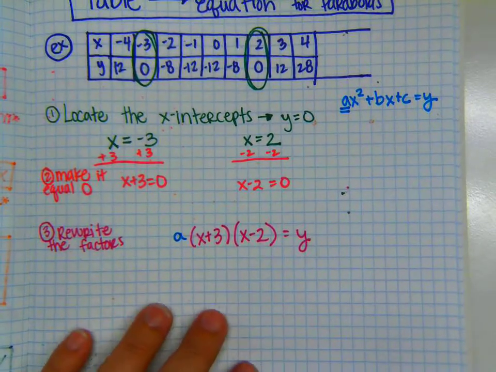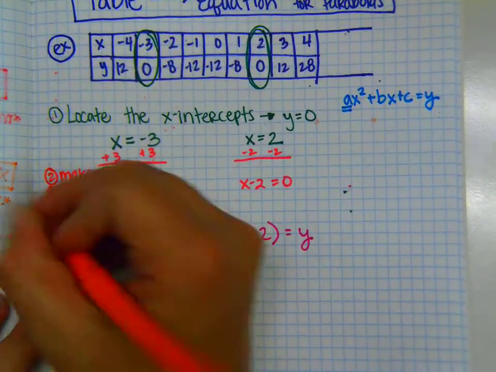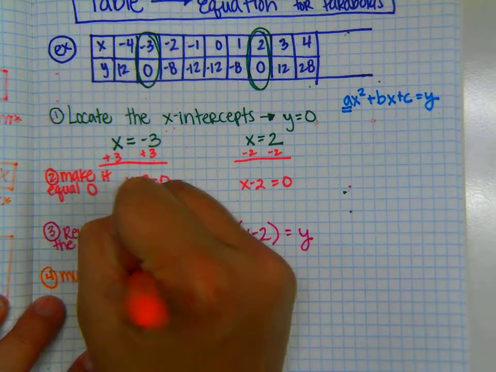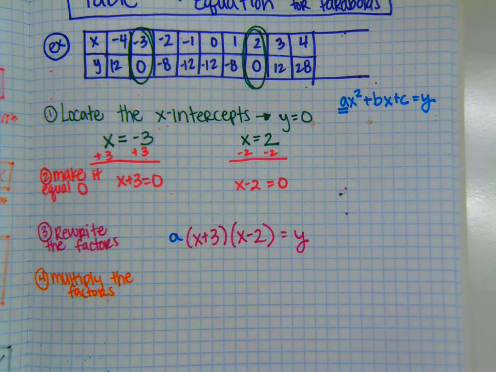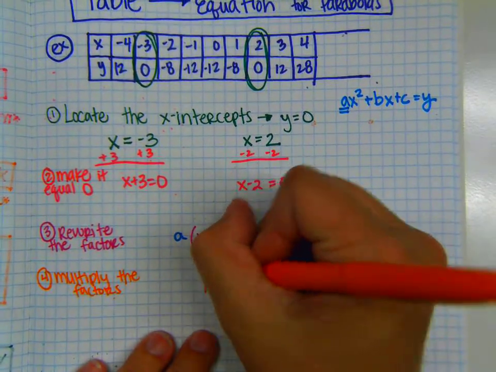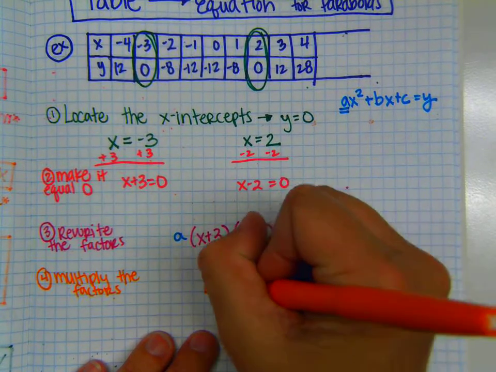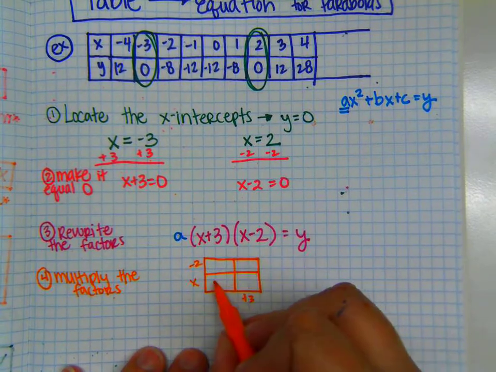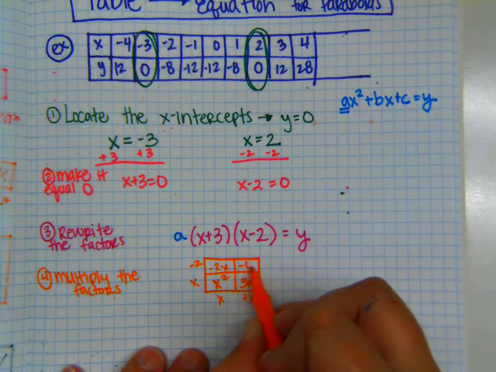Okay, so let's multiply these factors. That's going to be step 4. So we're going to multiply using our area model. X plus 3, x minus 2, that'll be x squared, negative 2x, 3x, and negative 6.